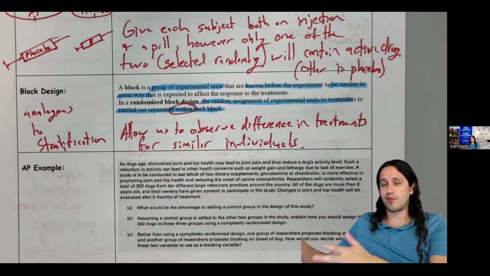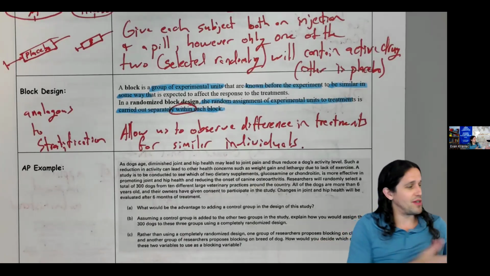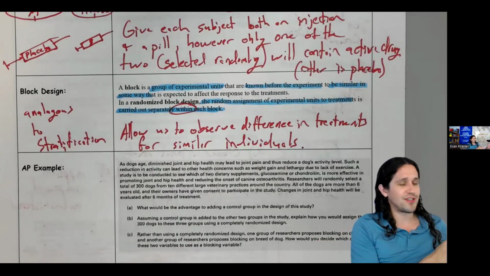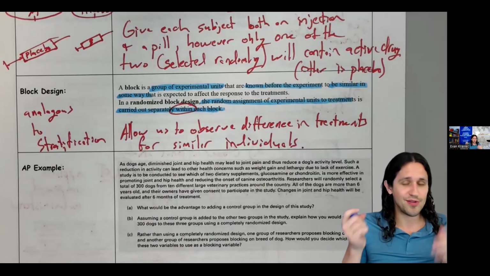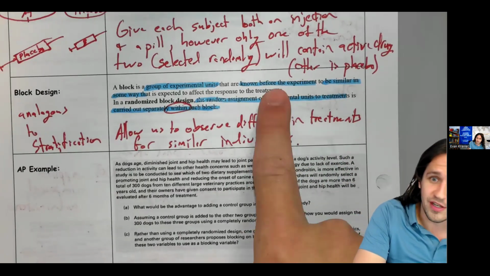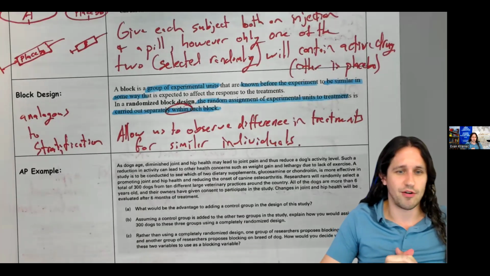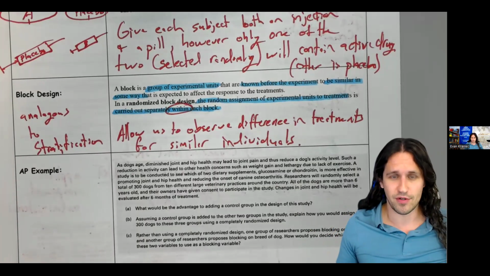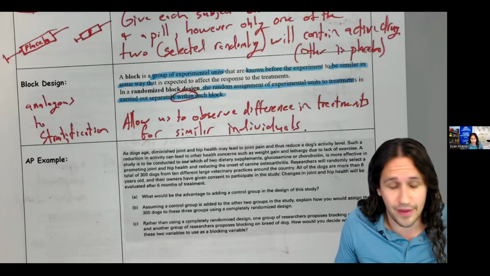Maybe one type of person responds better to one type of drug. Maybe a different type of person responds better to a different type of drug. Blocking allows us to see those things. We just have to have some idea before the experiment which one of those characteristics makes the difference. We might not know that.